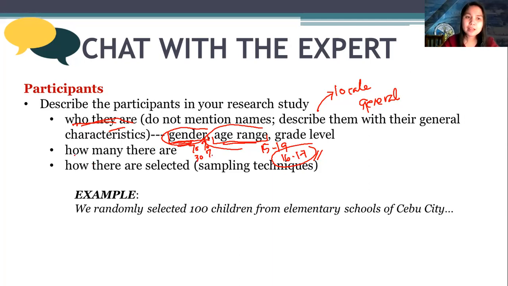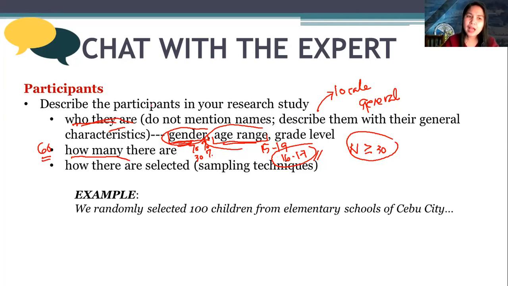Next, you need to tell us how many are there, or what is your target number of participants. For example, in my study, I specified I have 60 target participants, 30 for each section. Because remember in our stat class, when n is greater than or equal to 30, that is considered large.